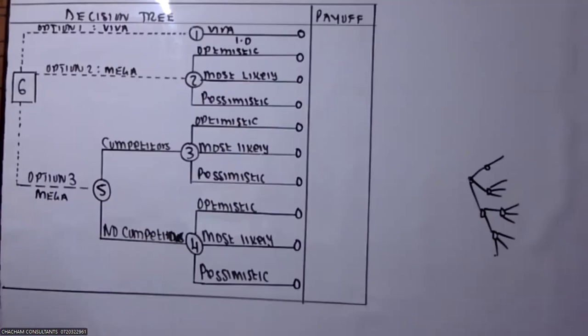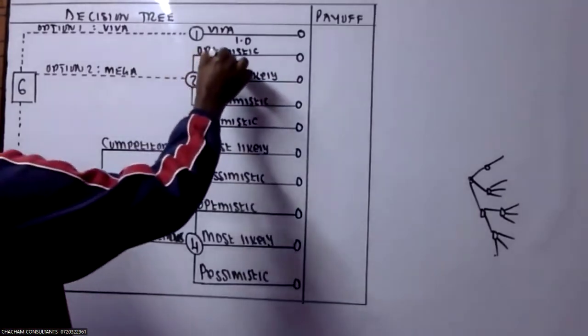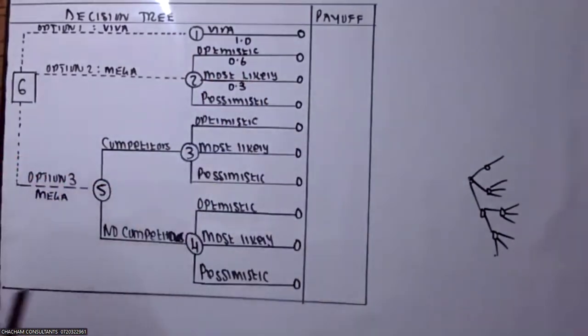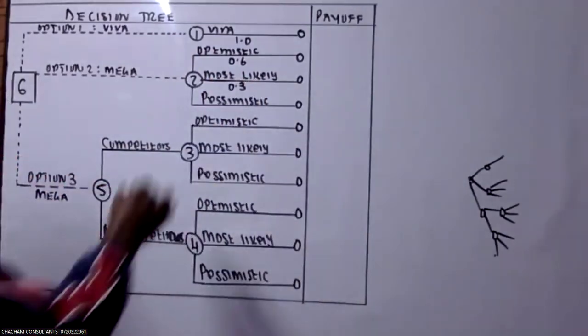So the next thing now is filling in probabilities. In option 2, the probability here is 0.6. This is 0.3. And we have 0.1.